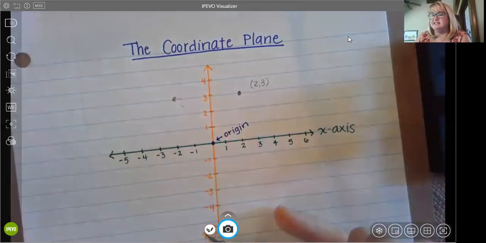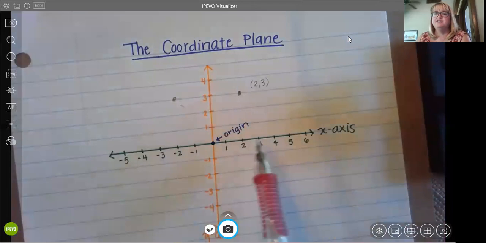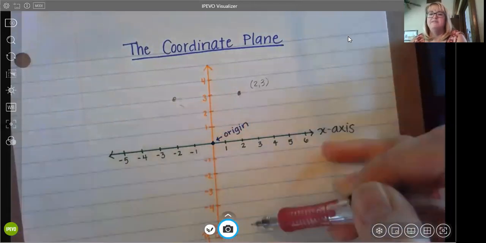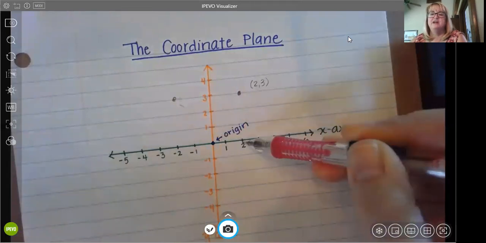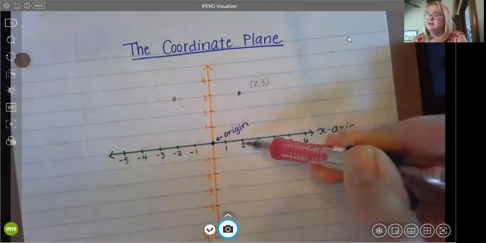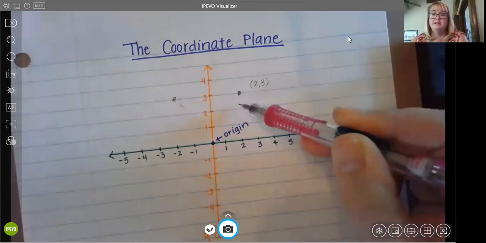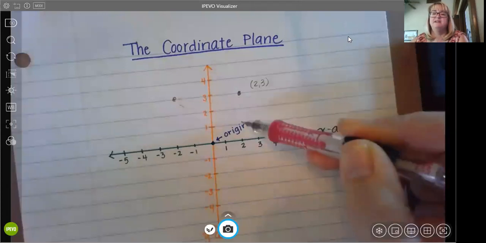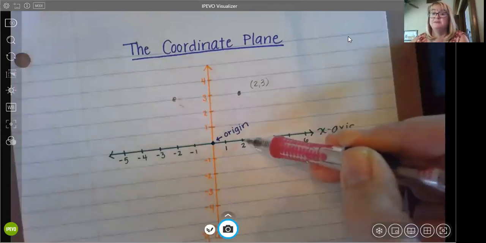Now, if the x-axis is your mirror, then we're looking at above and below. If I'm looking at the reflection across the x-axis, well, this point is 1, 2, 3 units above the x-axis. So we need to do the opposite, and the opposite of above is below.